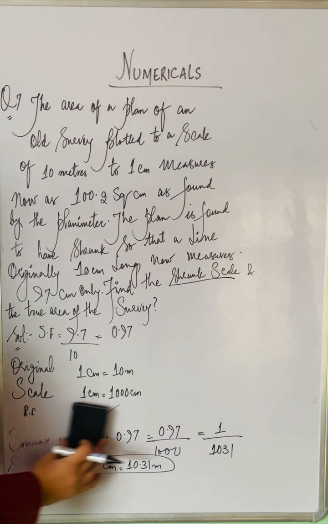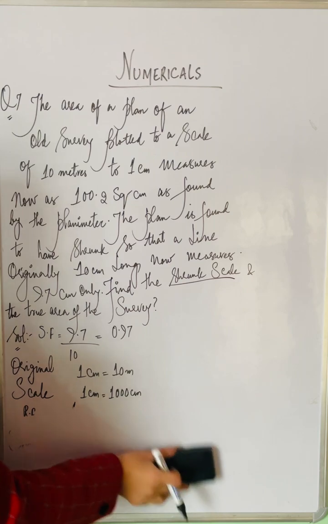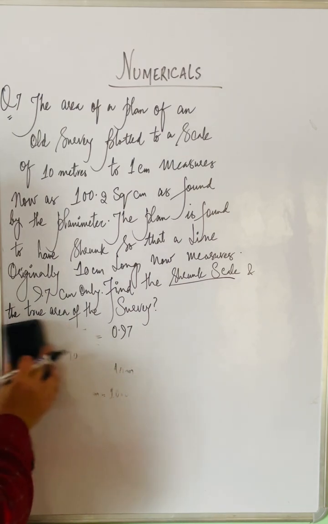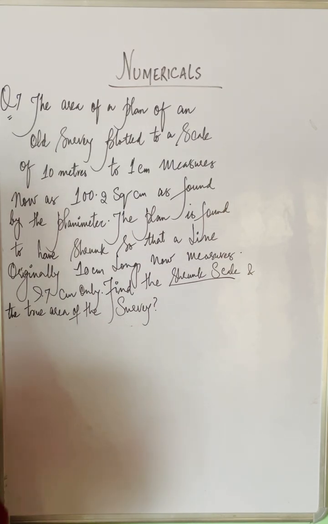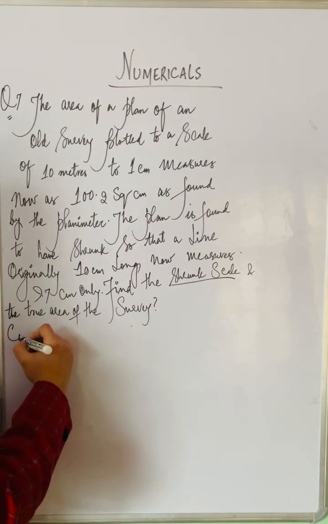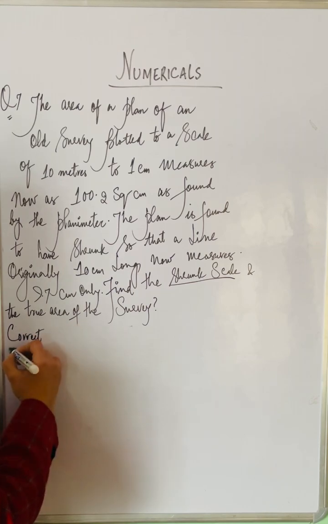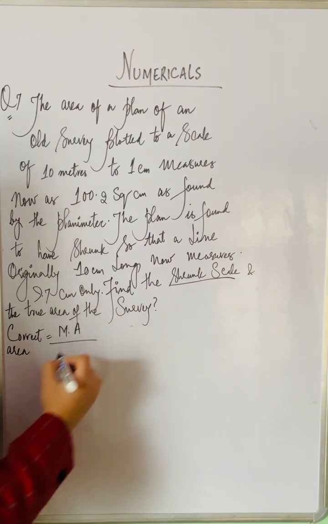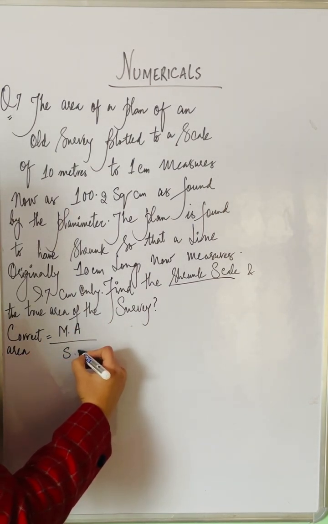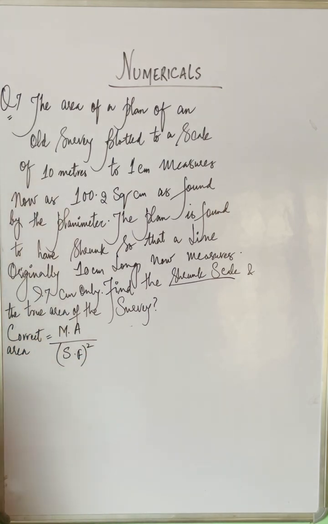Let me rub it first. As we know, correct area is given by measured area divided by square of the shrinkage factor, right? What is our measured area on the plan? As they have measured it by a planimeter, it is 100.2 square centimeters.